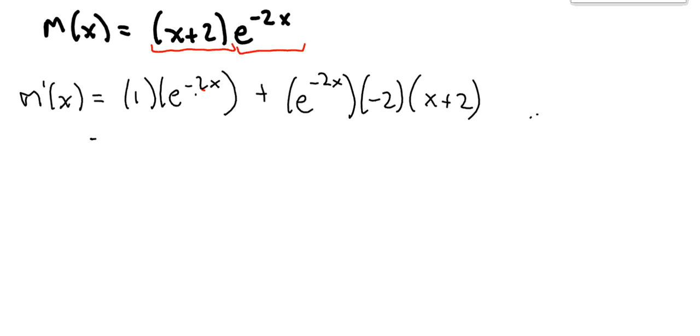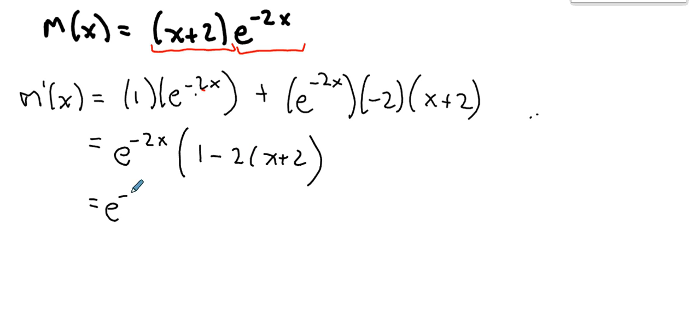And obviously in order to get full marks for the derivative or find critical values, we need to do some common factoring. So I'm going to now factor out e to the negative 2x, and that leaves me with 1. And then here I would have negative 2 times x plus 2. I'm going to make that bracket a little nicer to deal with, so it's 1 minus 2x minus 4.